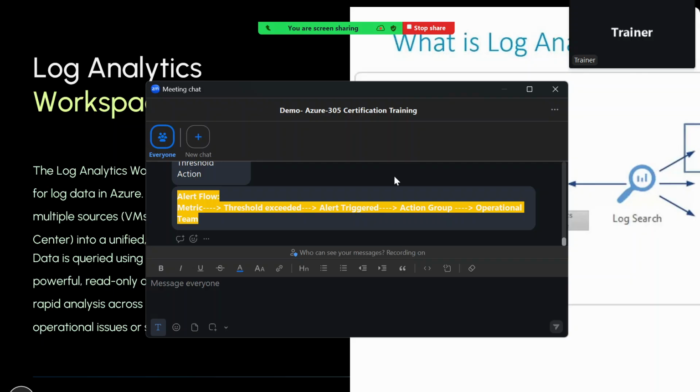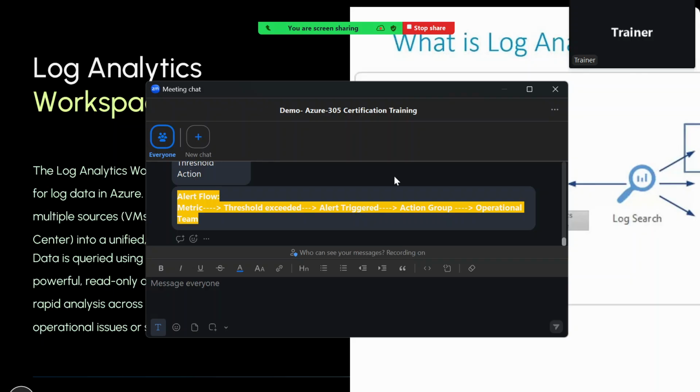It is the operational backbone of the Azure environment, providing visibility into resource health, performance, and security. Metrics help us detect issues quickly, while Log Analytics enables deep investigation using KQL. Alerts and action groups ensure the right people are notified automatically, reducing response time and improving operational reliability.